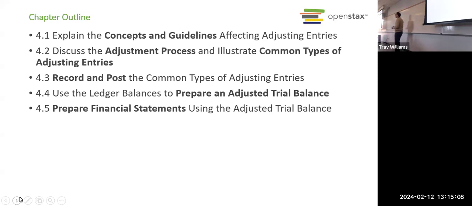That was the unadjusted trial balance. The only difference between that and the adjusted trial balance is that in between you made some adjustments. But the process of creating the trial balance is exactly the same. And then we will make financial statements. We've done some of that already, so that's really not going to be anything that's new.